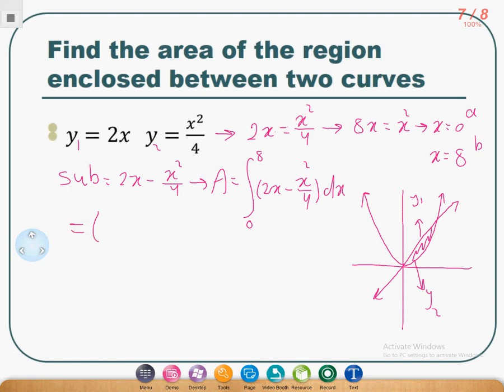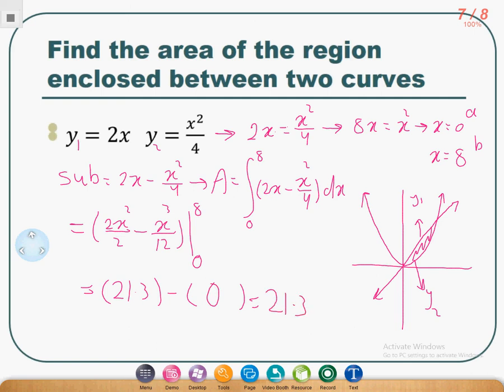It will be 2x squared over 2, and you can cancel 2 with 2, minus x cubed over 12, with the limits of integration from 0 to 8. Now open two brackets. Replace each x by 8, it will be 21.3. Replace each x by 0, it will be 0. So the final answer is 21.3.